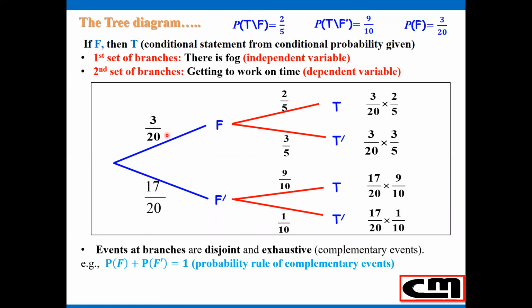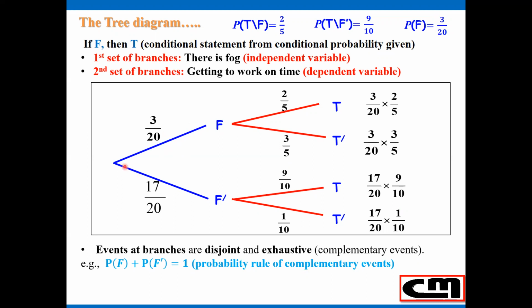If they are disjoint and exhaustive, that means the probability of F plus probability of F prime, the answer I expect to get is 1. That is what we call the probability rule of complementary events, right? So in this equation, you realize that already we are given the probability of F, which is 3/20. That is the one I placed here.